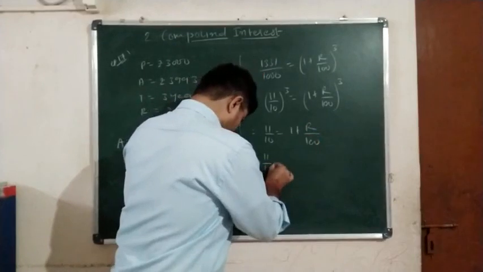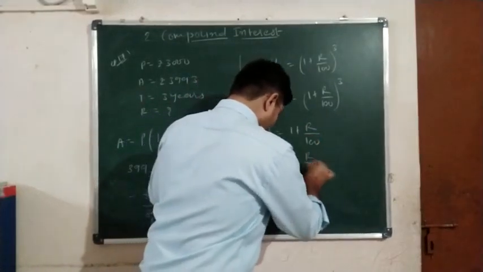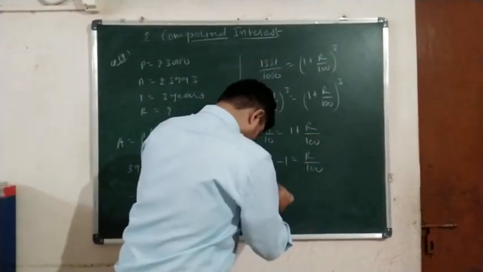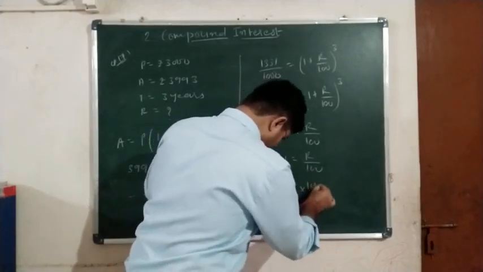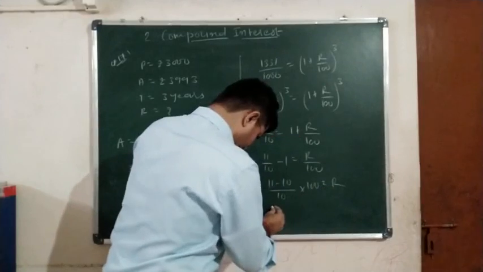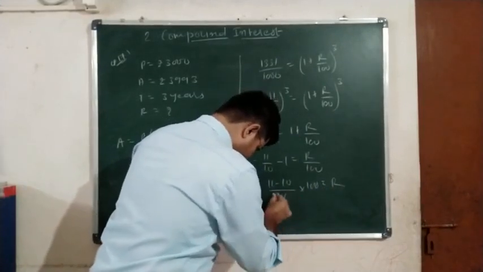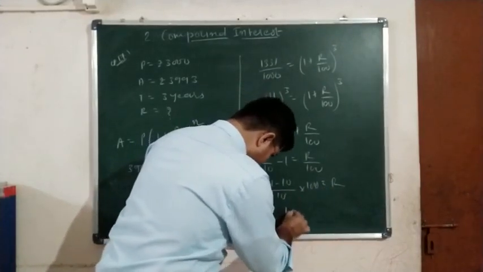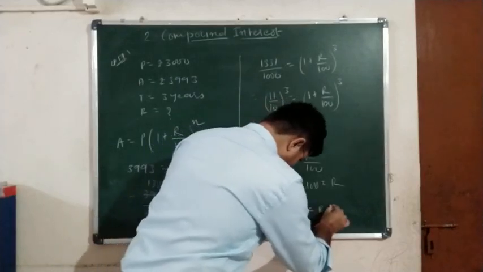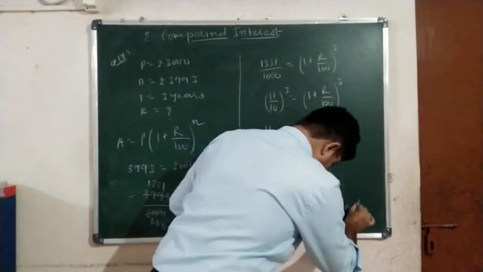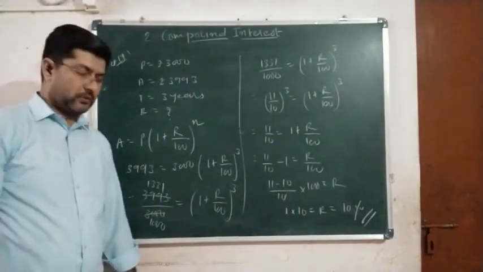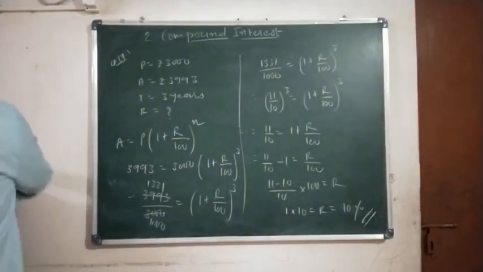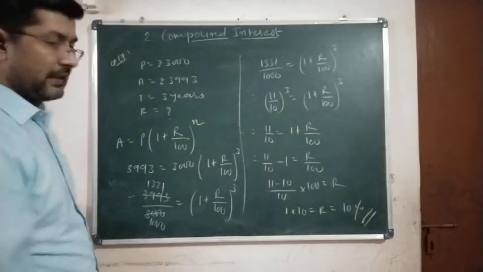Therefore 11 upon 10 minus 1 is equal to r upon 100, into 100 is equal to r. This gives 11 minus 10, which is 1. 1 into 10 is equal to 10%. Clear? So the required rate of interest is 10%.